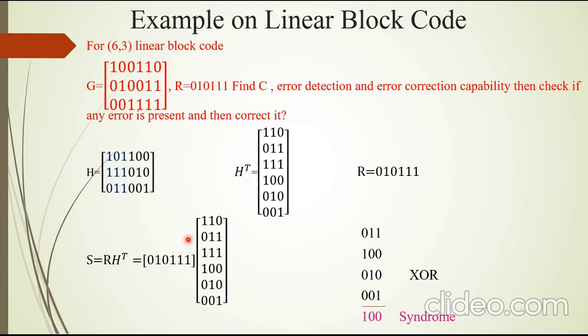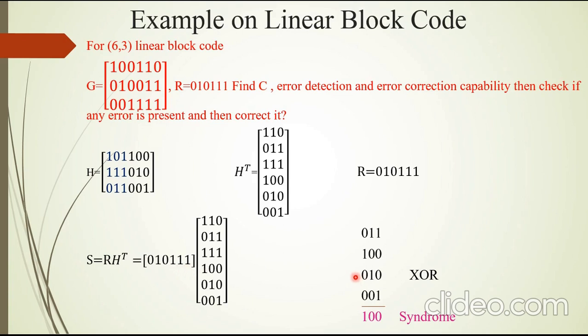So in this received sequence, 1 is present at the 2nd, 4th, 5th and 6th position. So I have to take the XOR of these 4 positions.